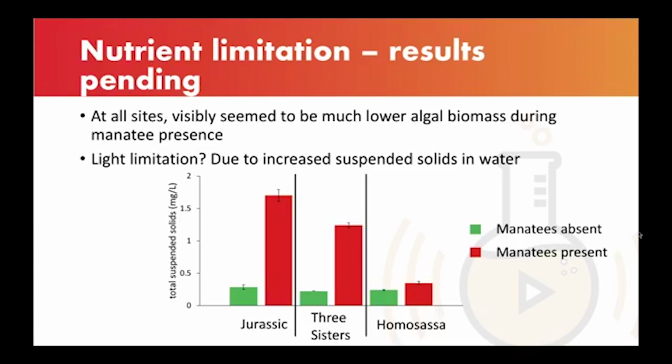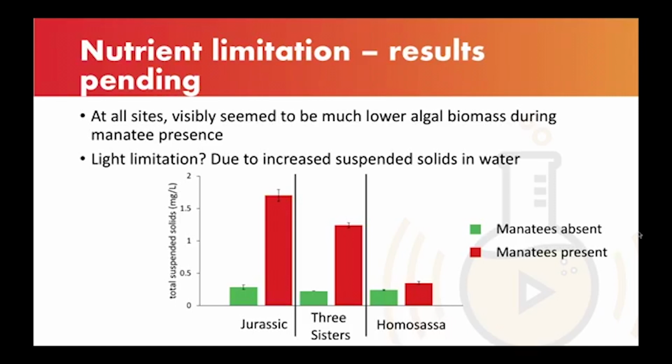On the x-axis here, we have our three different springs that we're looking at that have manatees. We have Jurassic Spring, Three Sisters Spring, which gets a lot of manatees, as we previously said, and Homosassa Springs. On the y-axis, we have total suspended solids. And the differences between the green and the red bars are when manatees were present versus when manatees are absent, which are the green bars.